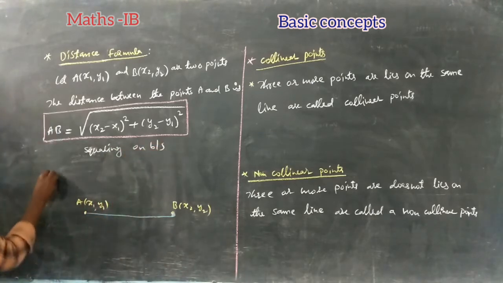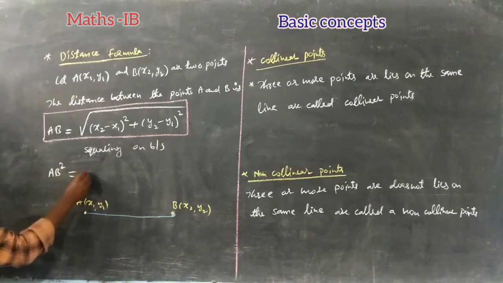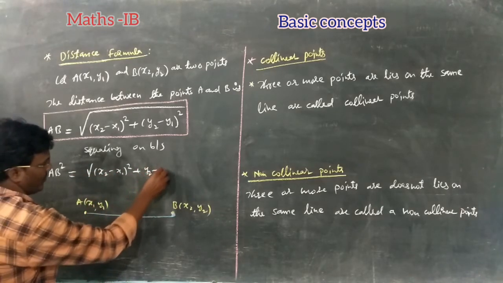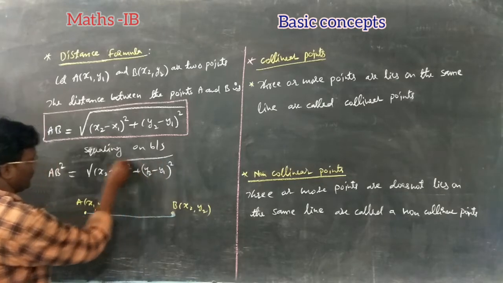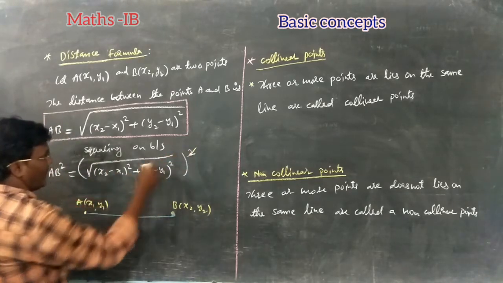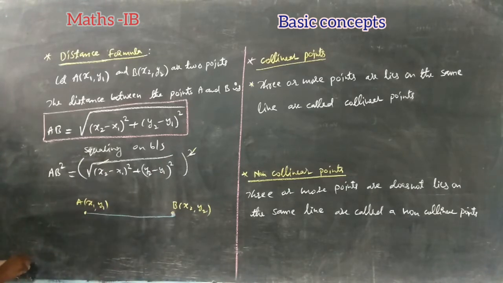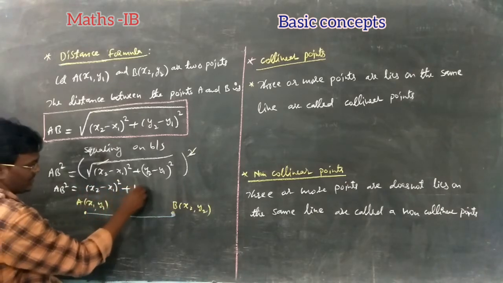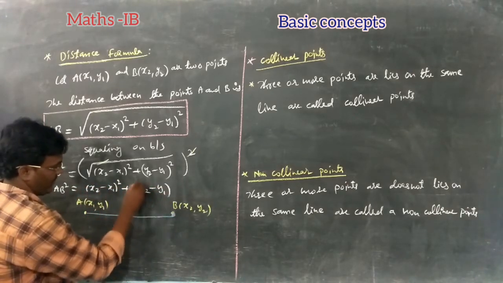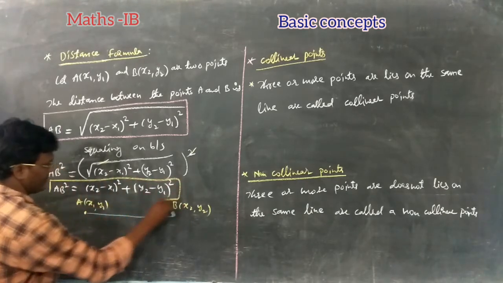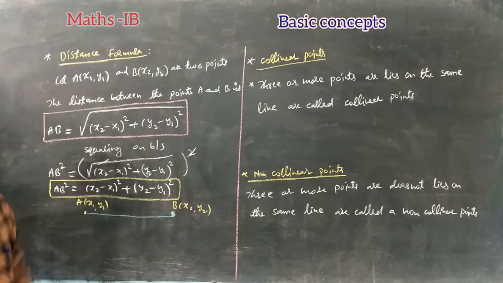So what you get here? AB square is equal to the square root of (x2 minus x1) whole square plus (y2 minus y1) whole square, and this is also whole square. Here the square and root get cancelled. So AB square is equal to (x2 minus x1) whole square plus (y2 minus y1) whole square. So this is the simplification. Okay, so this is the distance formula.